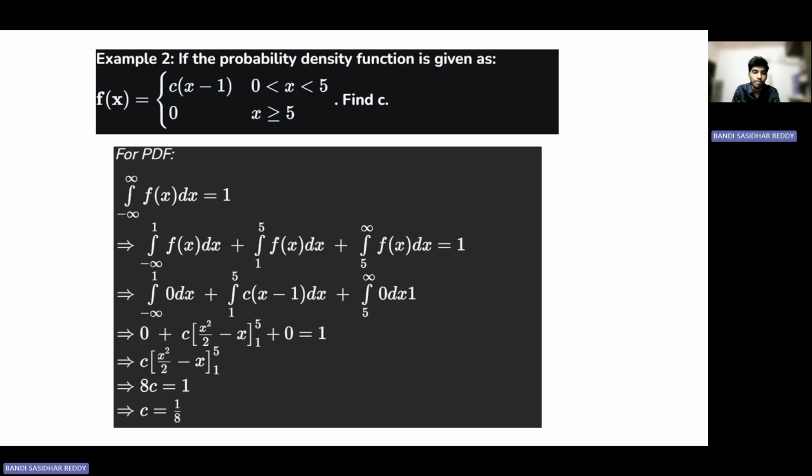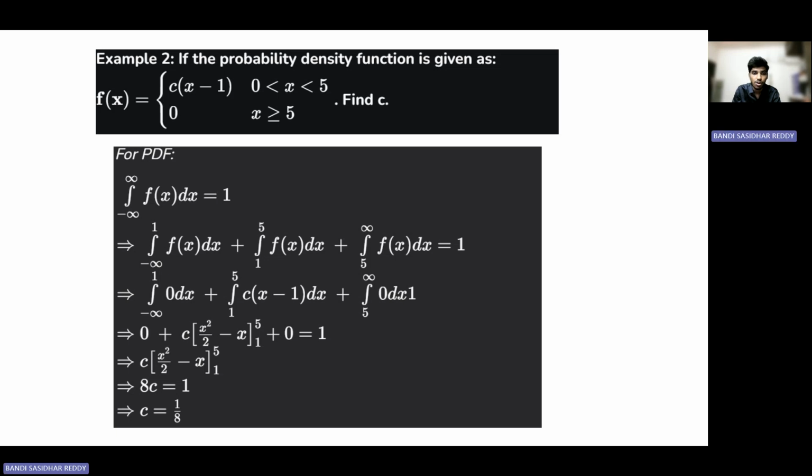Finally, the integral over 0 to 5 of c into (x minus 1) dx equals 1. Integrating, c into (x square by 2 minus x) for the range 0 to 5 equals 1. On substituting, 25 by 2 minus 5 by 2.